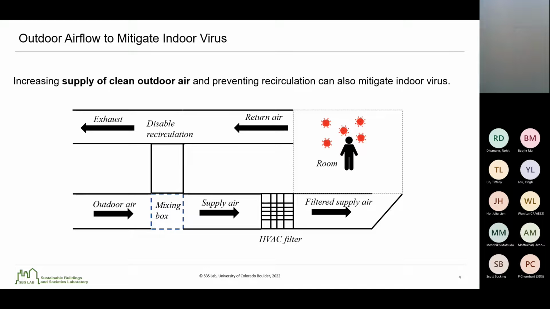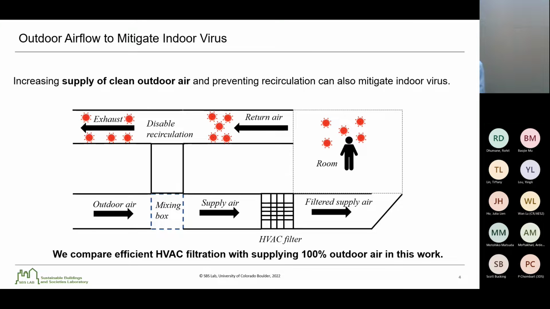So in this case, we have our sick person generating viral particles, and they begin to return through the air handling system, but we disable the recirculation and the particles are exhausted to the outdoor environment, and then we just supply 100% outdoor air into the room to disable that recirculation of viral particles and to dilute the indoor air. And so in this work, we focus on comparing efficient HVAC filtration as well as supply of 100% outdoor air.